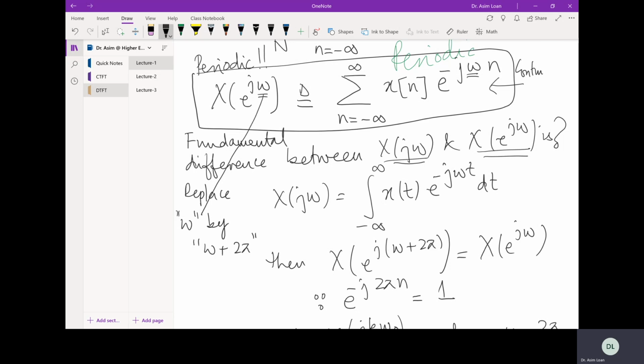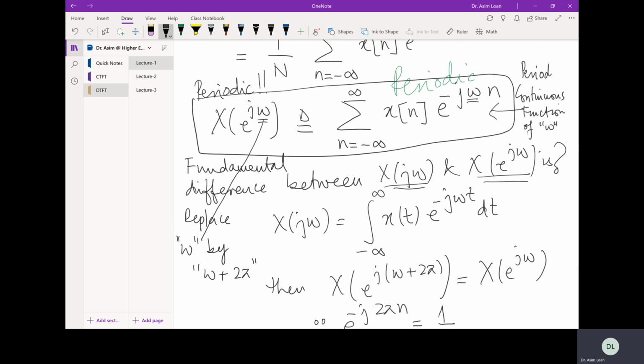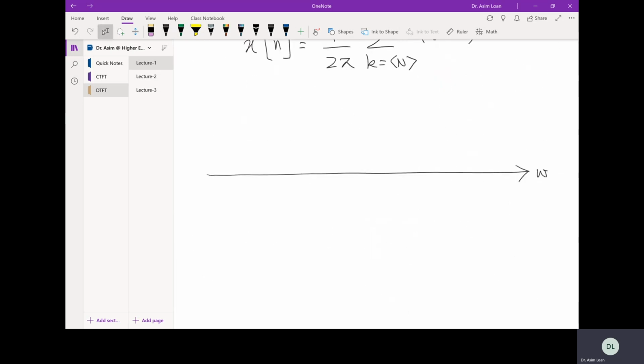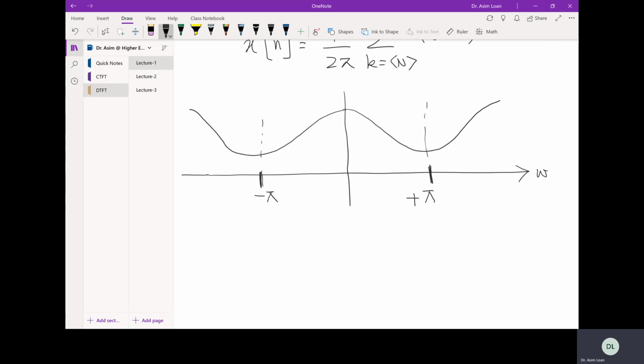Of omega, so periodic, continuous function of omega. Let me draw it here. Let's say this is minus pi, this is plus pi, this is 0, and this is X of e^(j omega) times e^(j omega n).